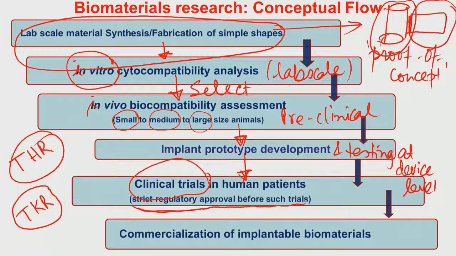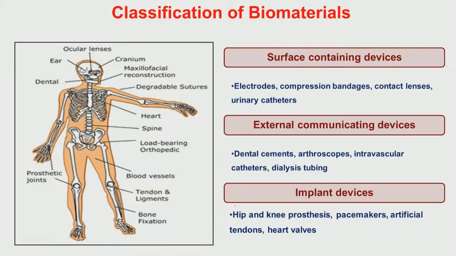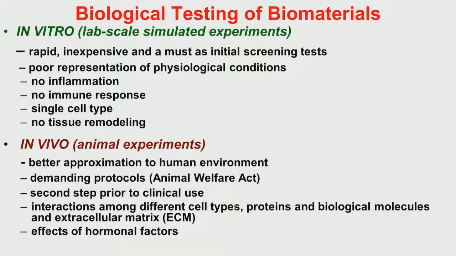Often wrong clinical trials being conducted in different parts of the world make the news. Once the clinical trials are done, the device is ready, and the technology can be transferred to industry, and therefore commercialization is possible.